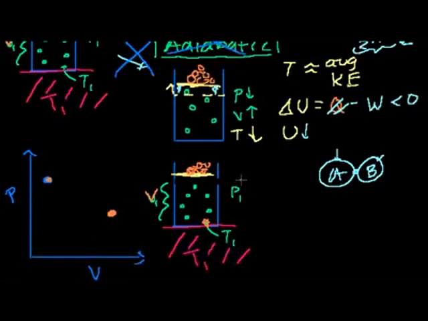So this is state 2, this is state 1. What I'm claiming is that my path is going to be on some type of a rectangular hyperbola, or at least part of it. If I were to add rocks and compress it, I claim that my PV diagram would go like this. If I were to keep removing rocks, I claim that my PV diagram would keep going like that. And so what's the intuition?